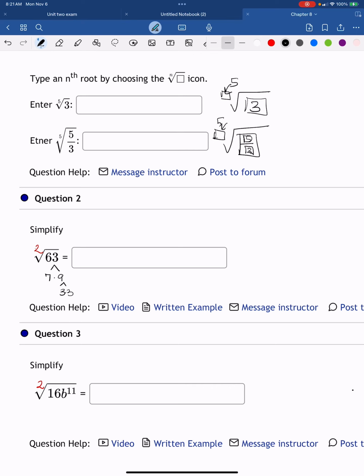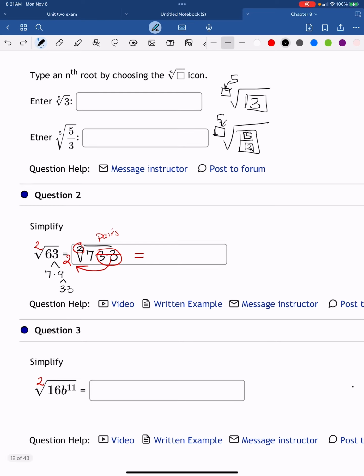So I have the square root of 7 times 3 times 3, and since it's squared, I'm taking out pairs. The 7 is being left by itself, so I just ignore it. So I'm left with 3, that was a 3 we pulled out. So it's 3 square root 7.